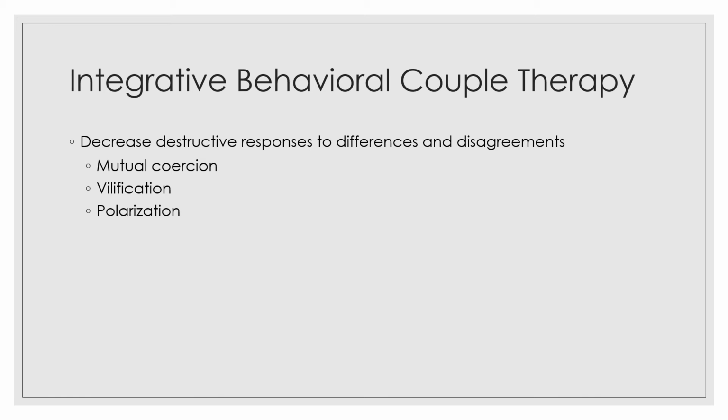And then polarization is when partners take sides, become distant or polarized, and these polarizations become larger and create a large drift between the two couples. So those are the three destructive patterns that we focus on in integrative behavioral couple therapy.